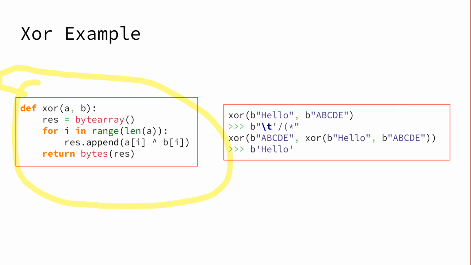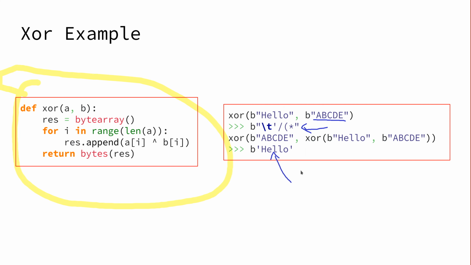And what I get out of it is this weird looking byte string that looks nothing like hello and nothing like ABCDE. And if I XOR this byte string that comes out of this XOR operation with ABCDE, so the same byte string we used here, I actually get the original message, the hello, back.